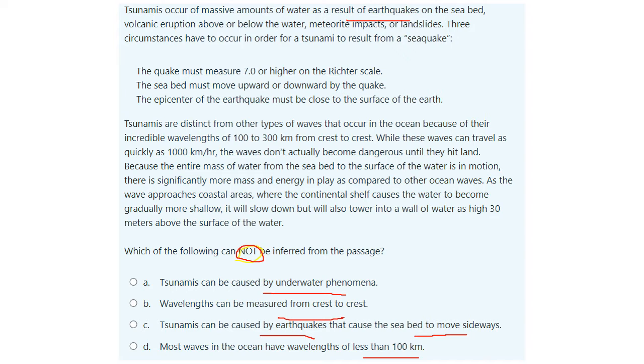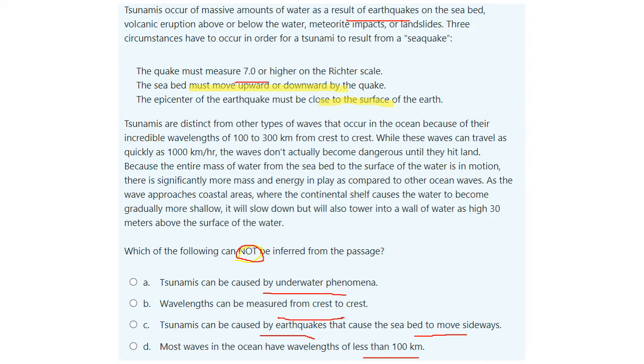Number 1, the quake must be higher than 7 on the Richter scale. Number 2, the seabed must, now this is very careful, the seabed must move up and down. And number 3, the epicenter of the earthquake must be close to the surface of the earth.